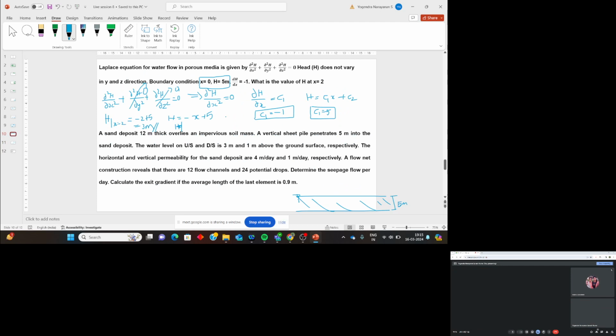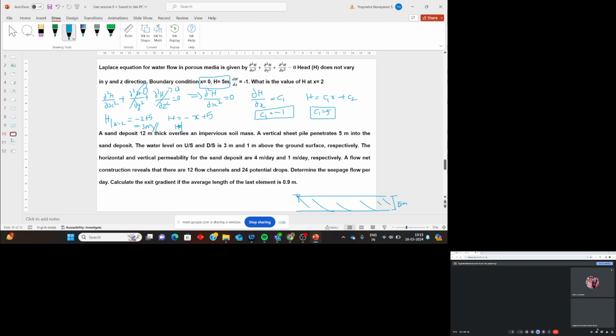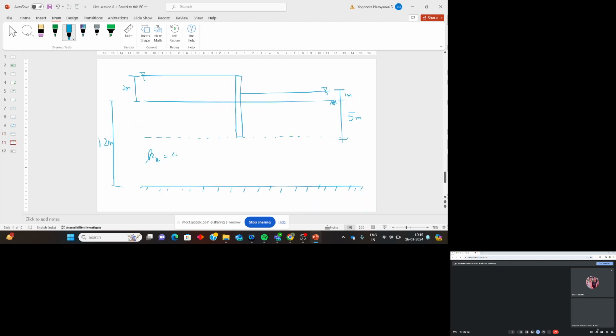Now what they are saying: the vertical and horizontal permeability for the sand deposit is 4 meter per day and 1 meter per day. What they have given: kx is equal to 4 meter per day, ky is equal to 1 meter per day.